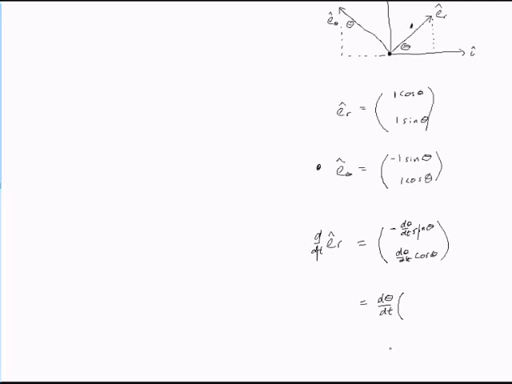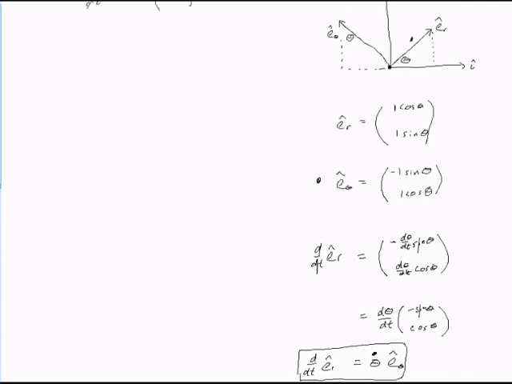That's just going to be equal to, well, I'll write it out for you, minus sine theta, cosine theta, which is just going to be equal to theta dot, I'll just draw a dot there, it'll save writing d theta dt all the time, times e theta hat, right? So that just means that this is just going to be equal to d dt of e_r hat. Alright, that's that. That's an important formula right there.